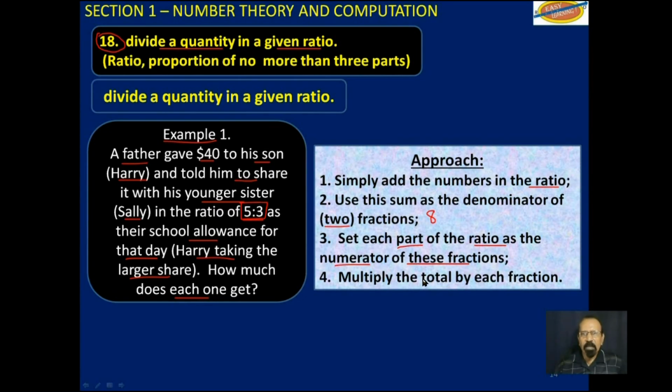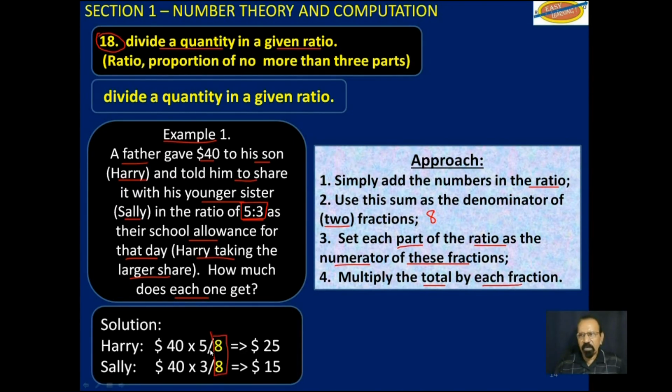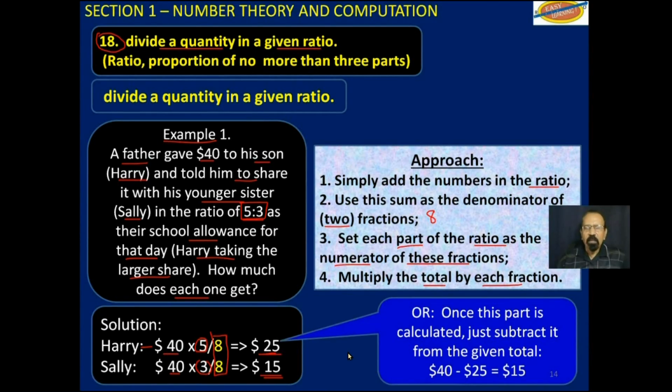We will then multiply the total by each of these fractions. So the denominator is 8. The numerator, in the case of Harry, will be 5. And if you multiply 40 by that, he gets $25. And for Sally, you multiply 40 by 3/8, and she gets $15. Or once this first part is calculated, you just subtract it from the given total.